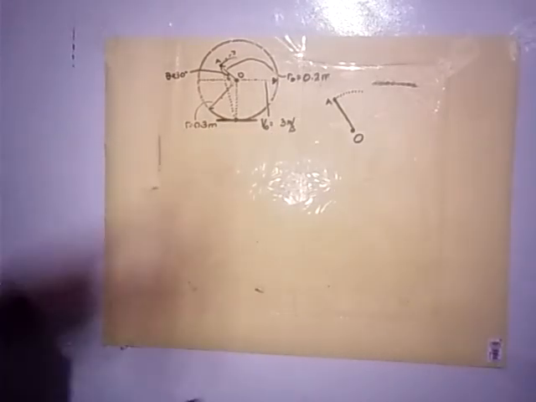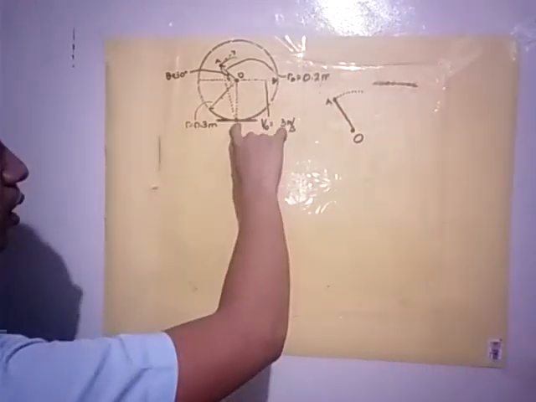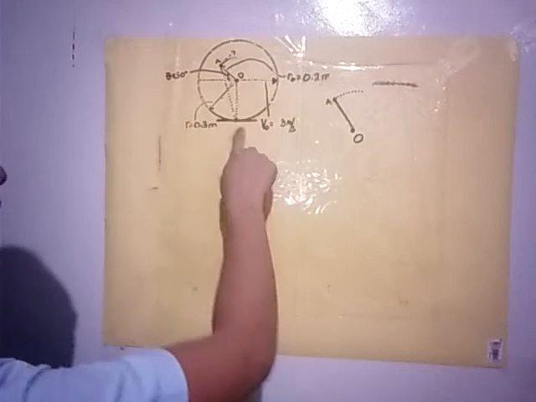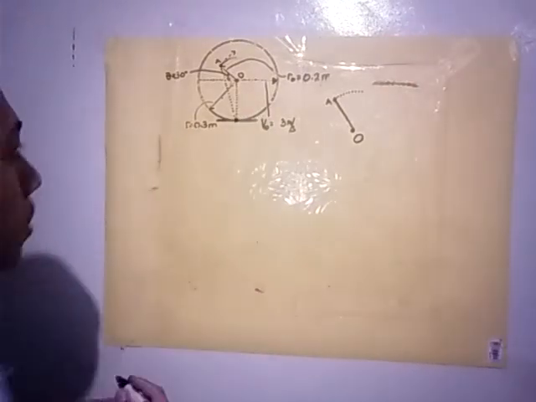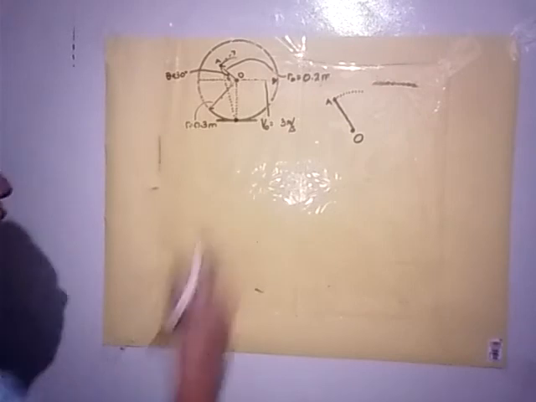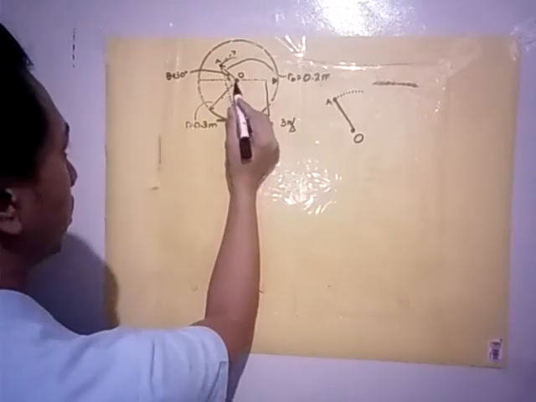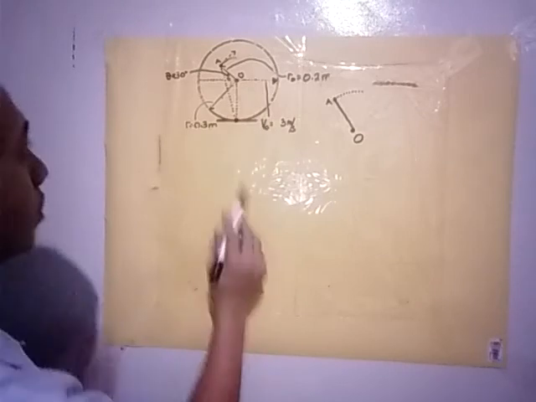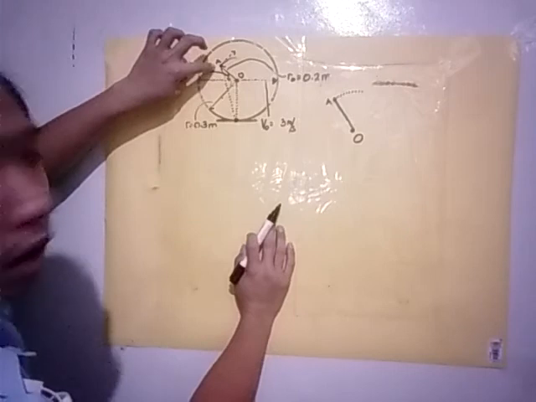As the wheel rolls, there is a point in which it will be tangent to that line, and this is that point. I'll draw an imaginary line from this point to point O, and also a line from this point to point A.